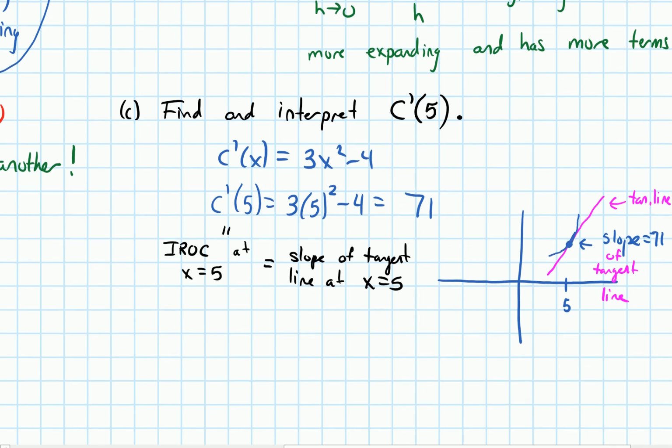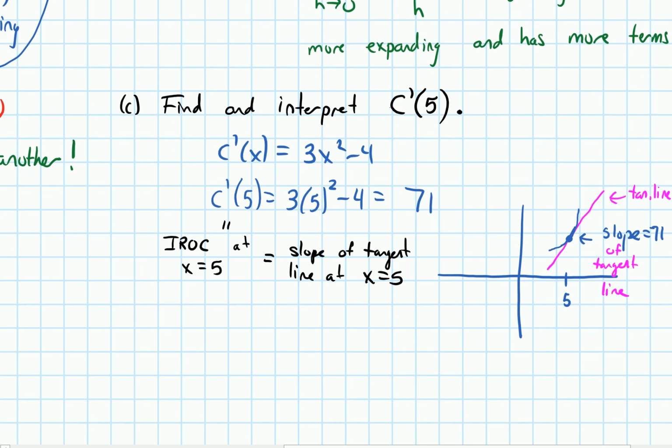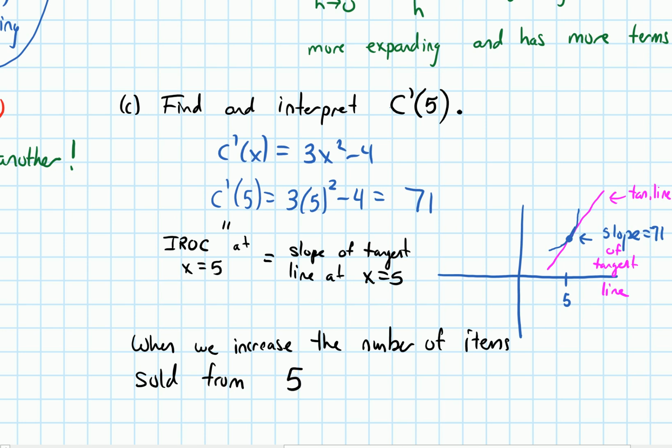So one of the things that this tells us, and this is the interpretation, is if we use that tangent line as a guide, when we increase the number of items sold from 5, which is where our point is, to 6, so when we increase it by 1, that's like saying this distance is going to be 1.